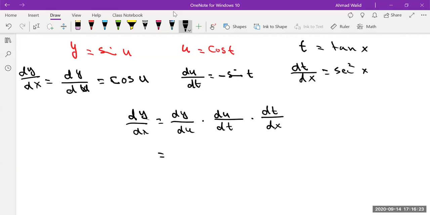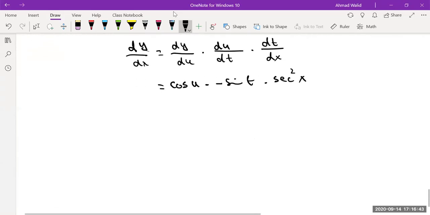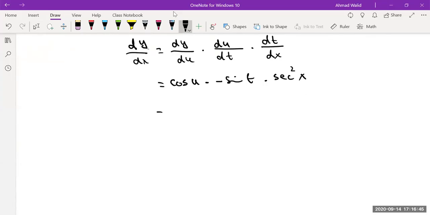Put the pieces together. Dy over du is cosine u, times du over dt, negative sine t, times dt over dx, secant square x. And simplify means substitute back the values.